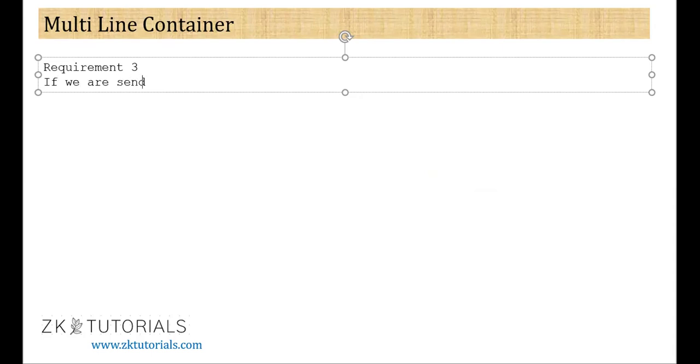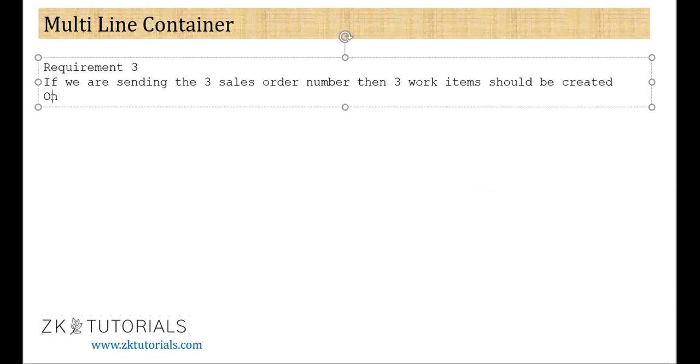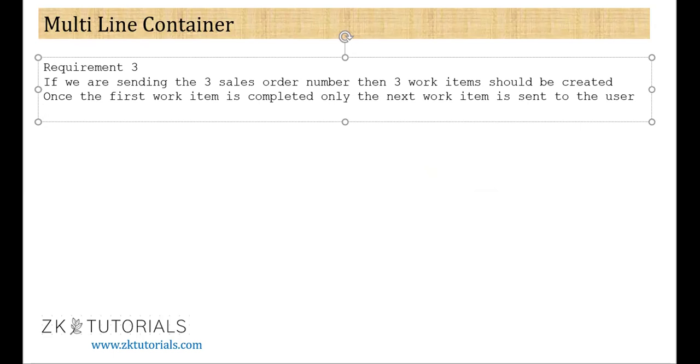If we are sending three sales order numbers, then three work items should be created. Or we can say, once the first work item is completed, only then is the next work item sent to the user. That we are going to see in today's session.